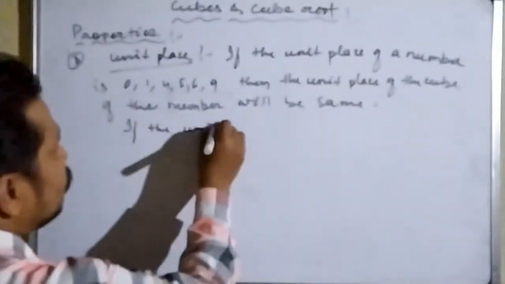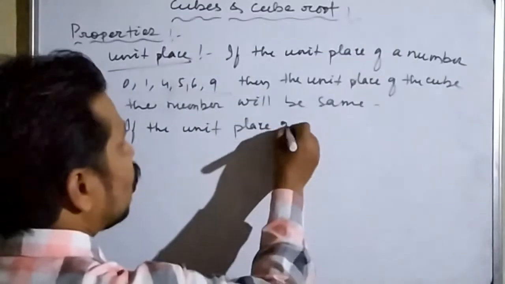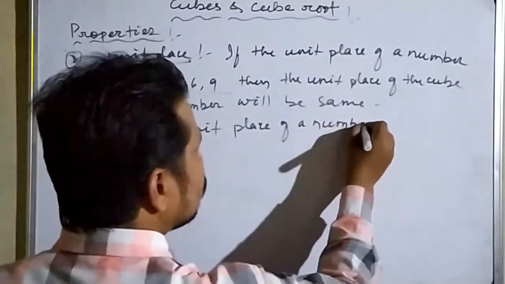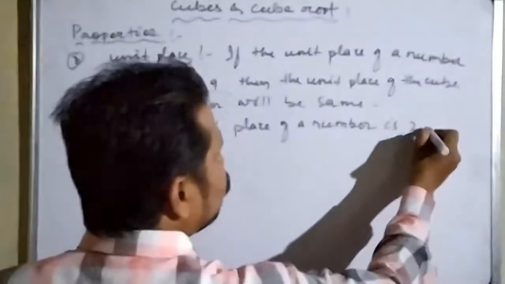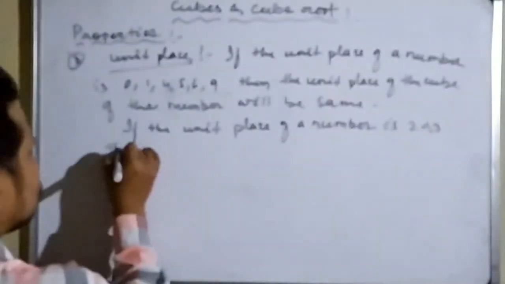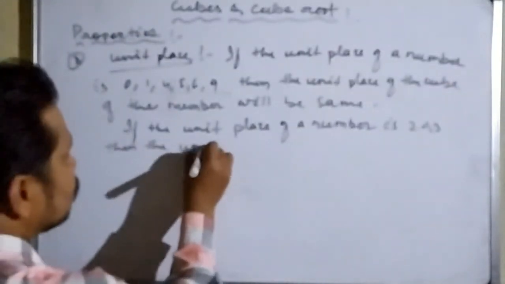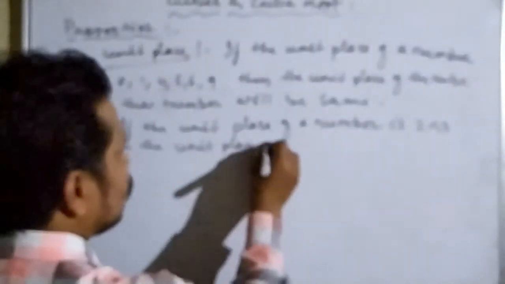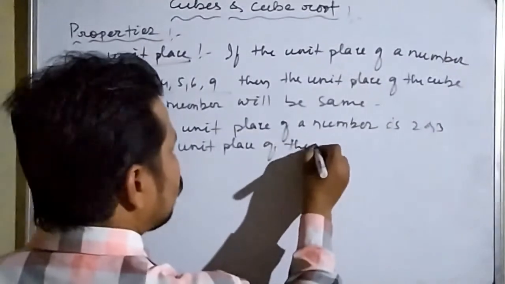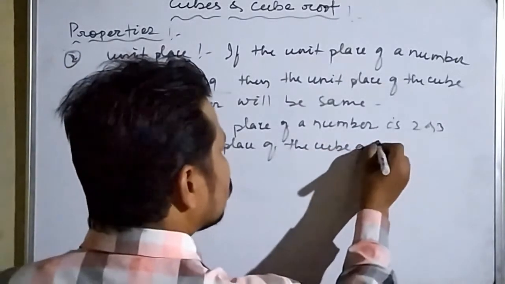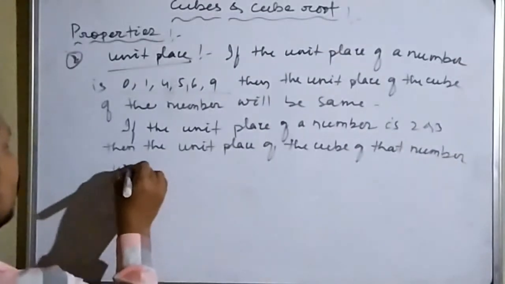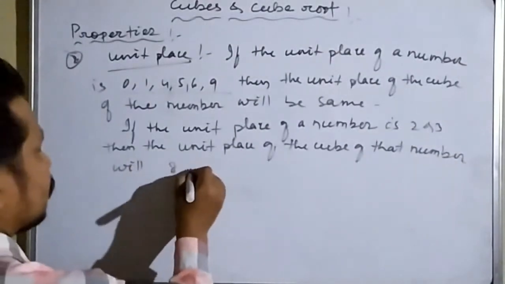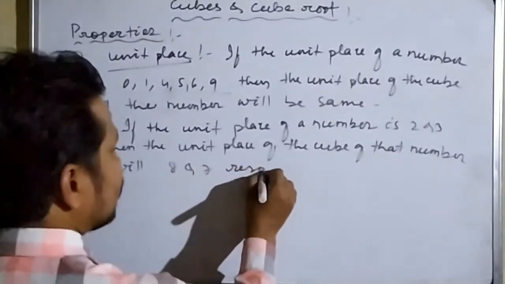But if the unit place of a number is 2 or 3, then the unit place of the cube of that number will be 8 and 7 respectively.